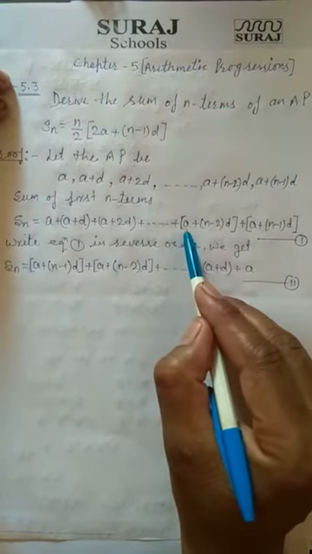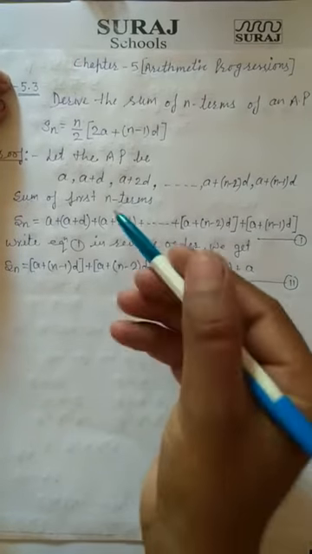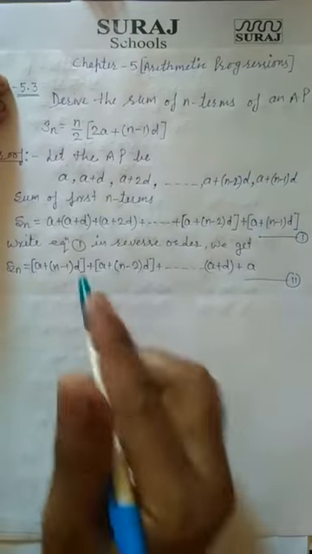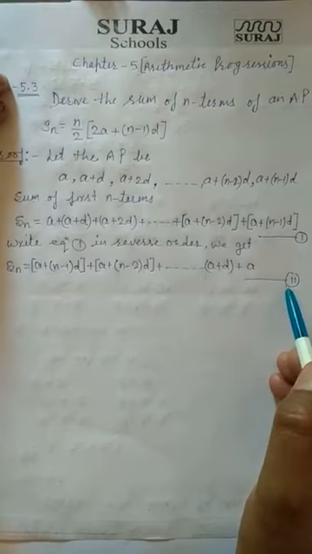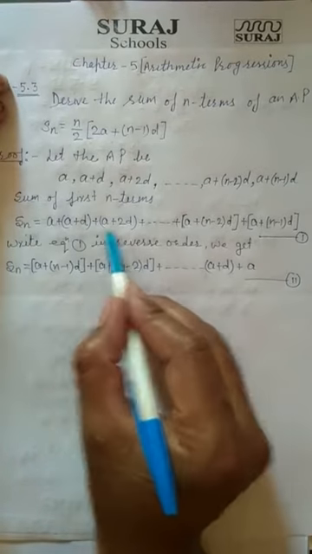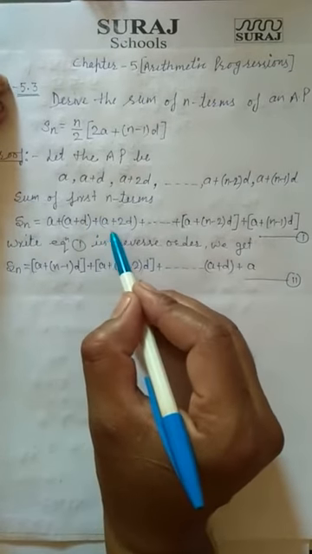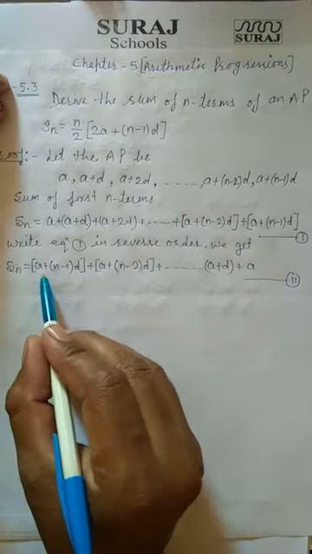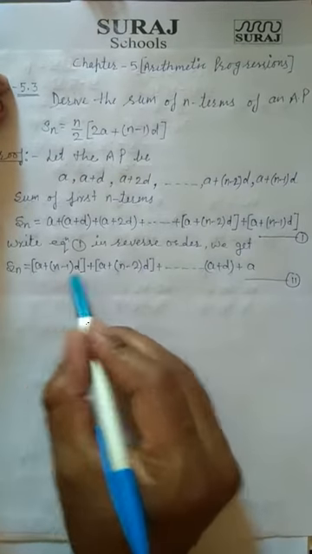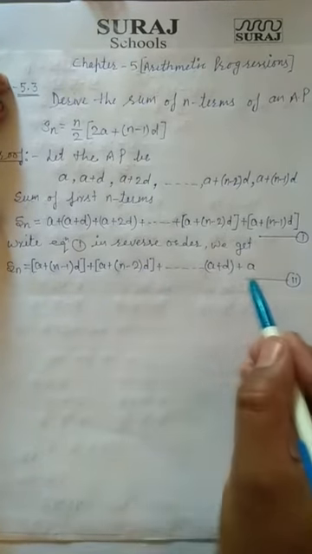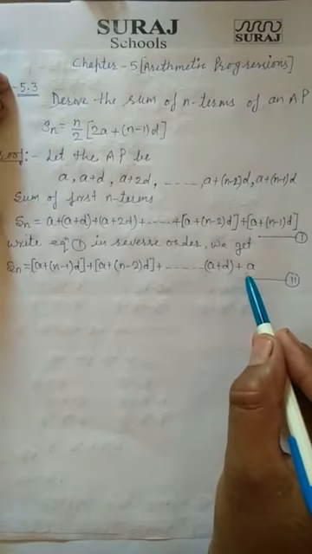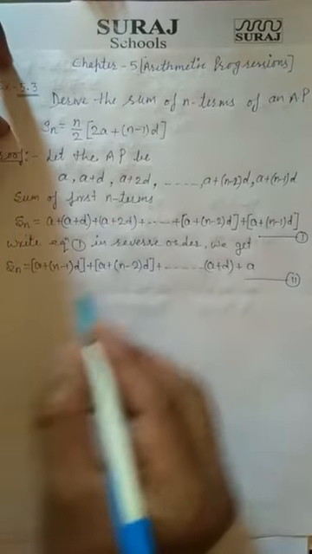Okay, students, and now the next process is to add equations first and second. So students, here we drop this term because equation second has the two terms at the start and also at the last. So students, we drop this.